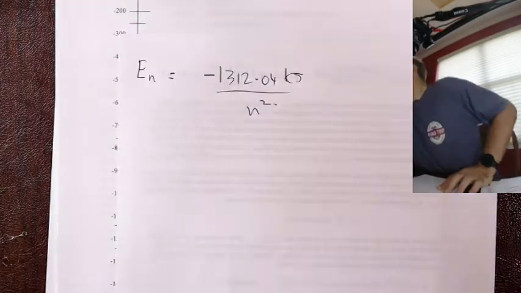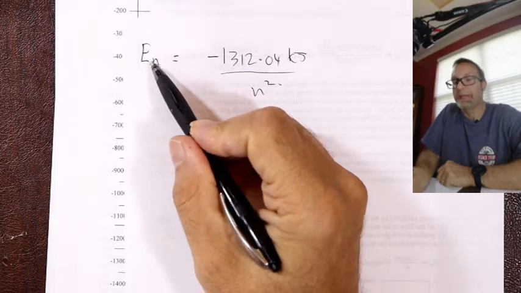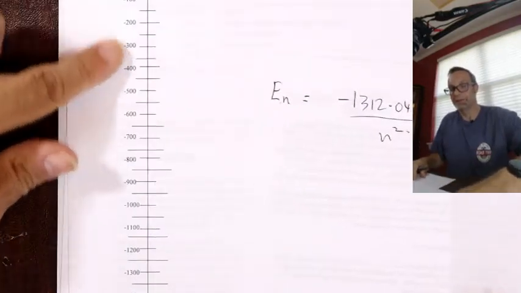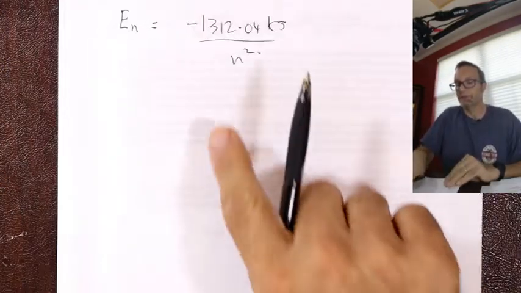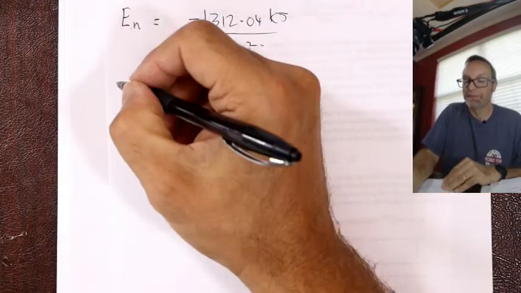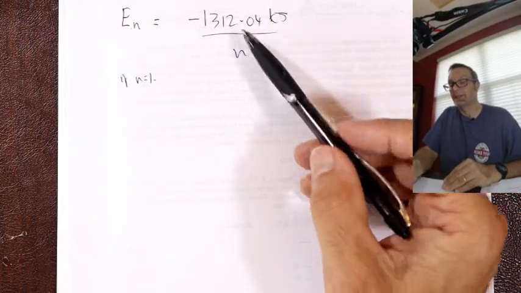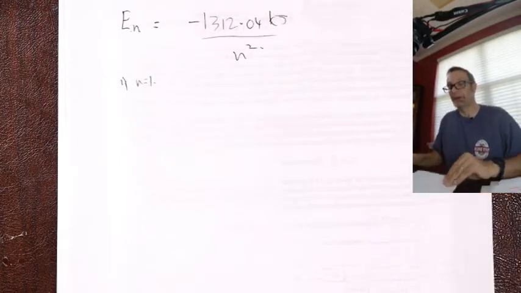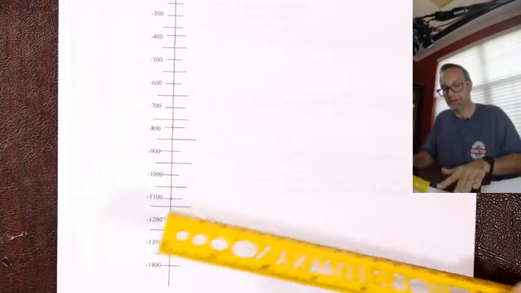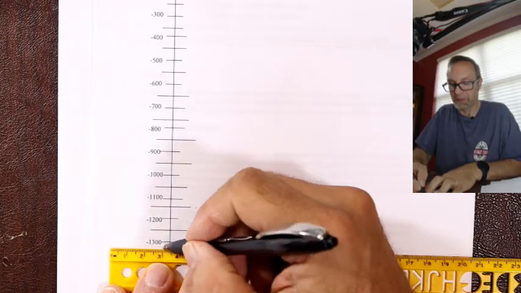So let me find my ruler. The depth of the energy level, how far down it is on this chart, equals a constant minus 1312 kilojoules over n squared. Now, if n equals 1, I'm just dividing by 1, so it's just 1312. So I get my ruler. There's 1312 about there, right? Okay, and I draw a line.